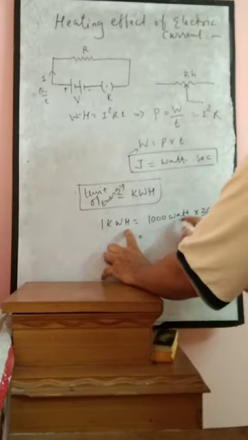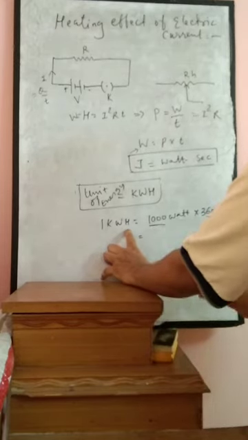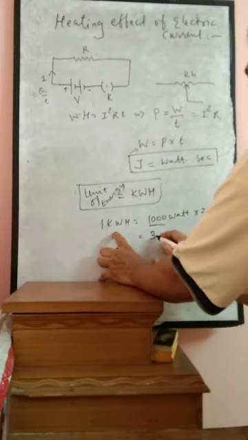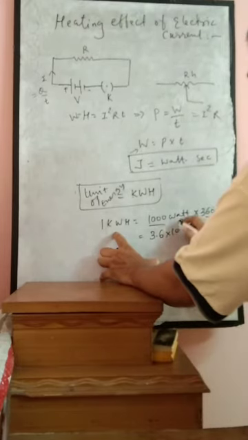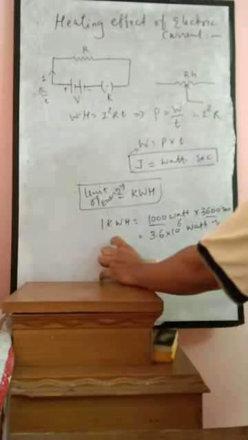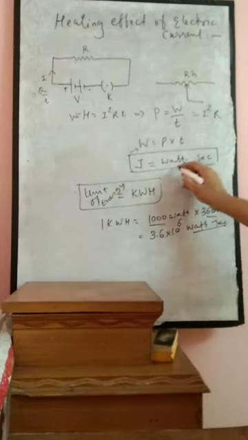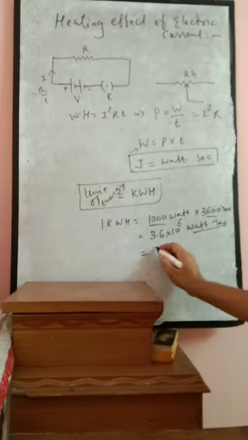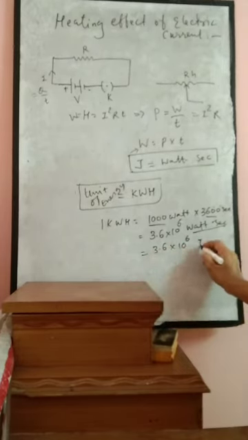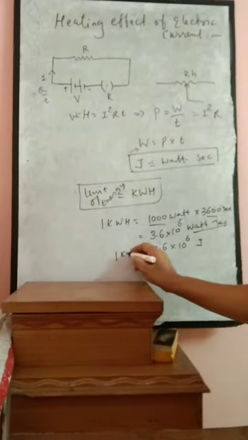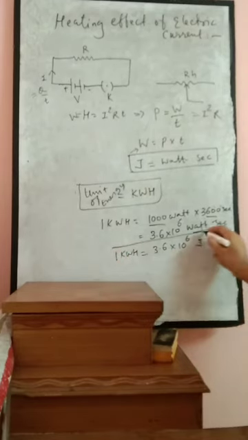So 1000 into 3600 can be written as 3.6 into 10 to the power 6 watt into second. Watt into second is equal to joule. So 1 kWh is equal to 3.6 into 10 raised to 6 joule. This is an important result.